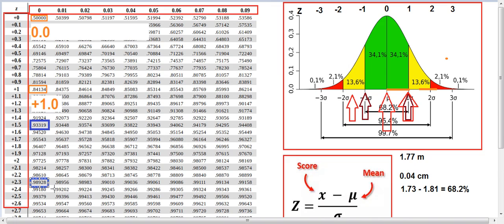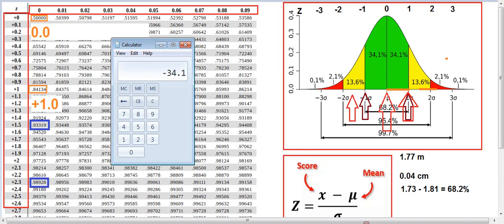To find these probabilities I have to take one number and subtract the other. So it's going to be 0.98928, using all the numbers now, and I'm going to subtract 0.93319. Enter.